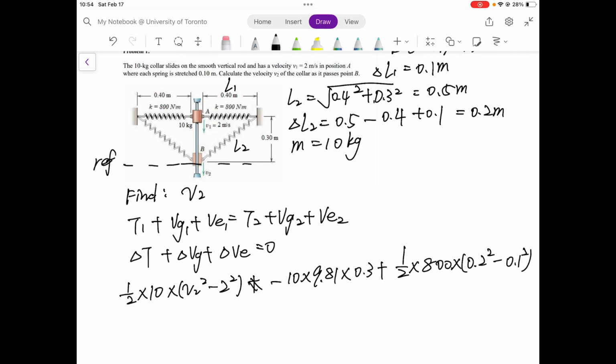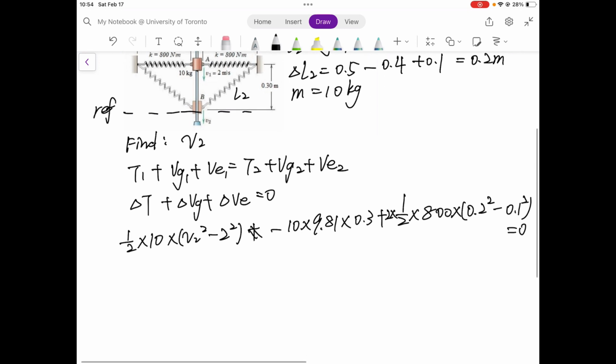Because there are 2 springs, we need to multiply by 2. This is equal to 0. After we solve this equation, we get V2 is equal to 2.26 meters per second.